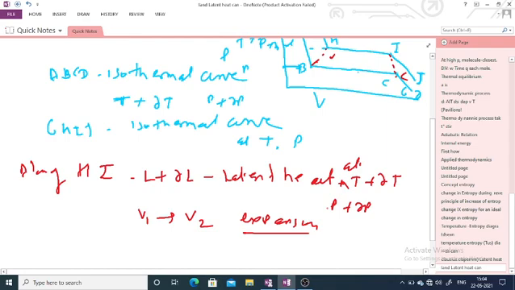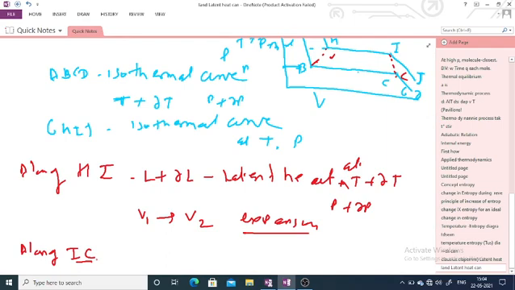Now we consider the second stage, along IC. In the last latent heat equation, we considered it an adiabatic expansion, with no exchange of heat with the surroundings. Now we consider this to be the saturation curve.